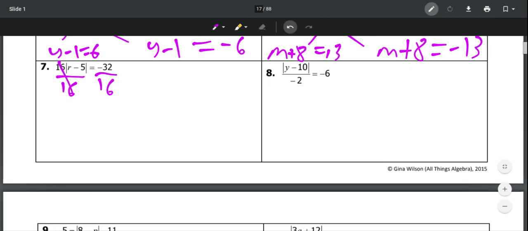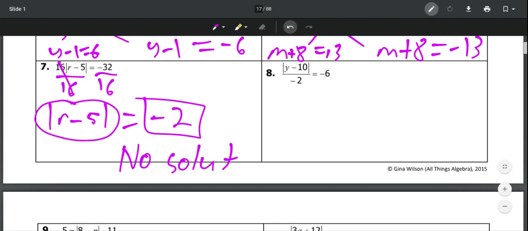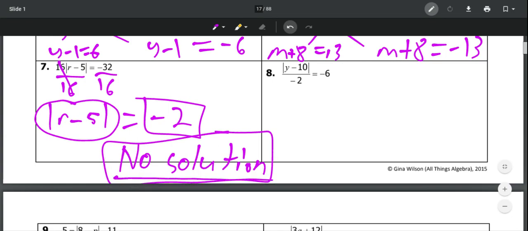Now, when this divides by 16, it leaves us with the absolute value of r minus 5 equal to negative 2. Now, this absolute value can never produce a negative number. So if you ever see an absolute value equal to a negative, it can't be done. It's no solution. It cannot be done. Okay.